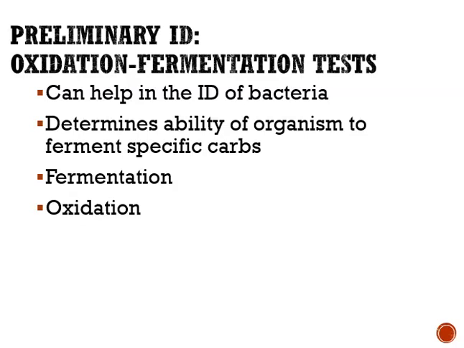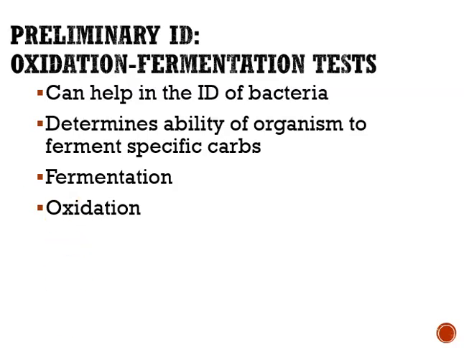Fermentation is an anaerobic process where organic compounds are converted to similar compounds. The end product is acid or acid with gas, which is detected by a pH indicator that's added to the medium, and more acid is produced during the process of fermentation versus oxidation.